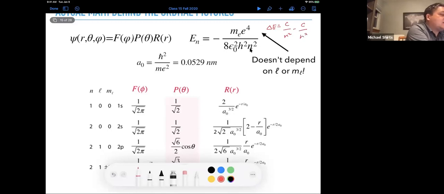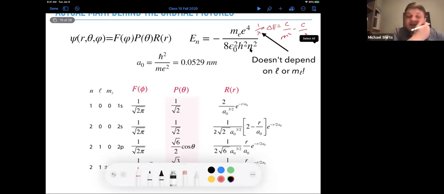And that turns precisely into Rydberg's equation. So you solve the math that comes out of Schrödinger's equation, and it tells you the energy levels are going to be some constant times these different m's and n's. Remember delta E is proportional to the frequency, which is 1 over the wavelength. So it's all completely internally mathematically consistent.